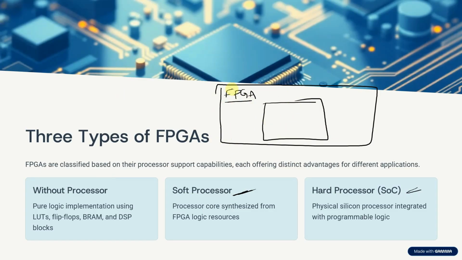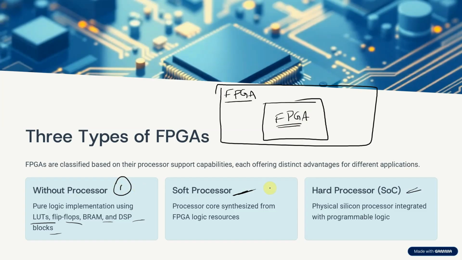Say we have a simple board like this with an FPGA chip. You might have an FPGA chip without any processor inside it. It is going to have pure logic implementation using LUTs, flip flops, BRAMs and DSP blocks. So this FPGA chip does not have any internal processor.